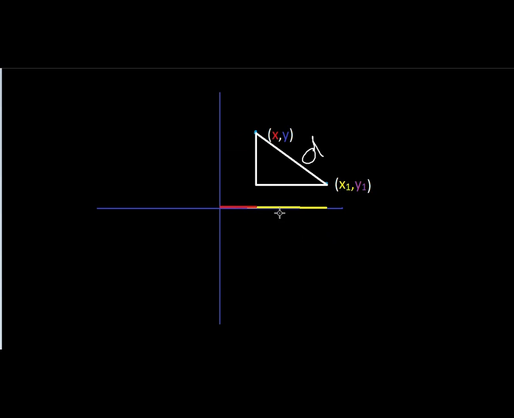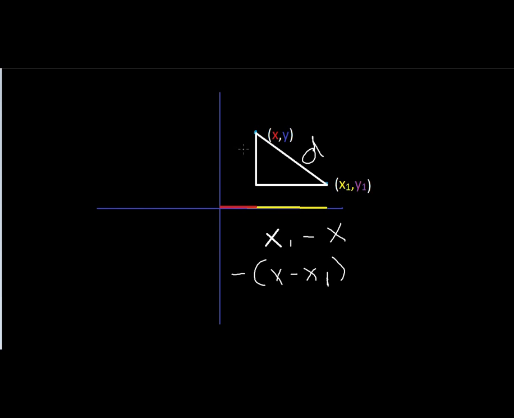So what we have done is made this distance, which is equal to this distance, which is one of the distances we're trying to find. So that distance is x sub 1 minus x. So let's go ahead and write that down. X sub 1 minus x, which is also equal to x minus x sub 1. It's equal to negative x minus x sub 1.